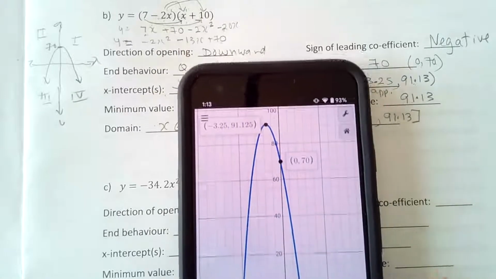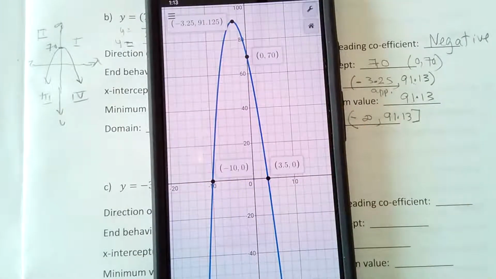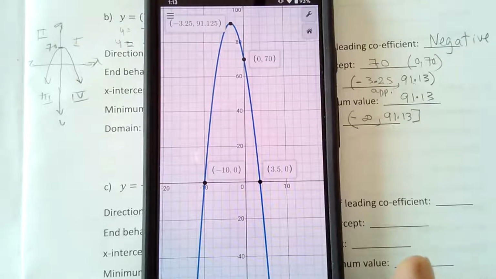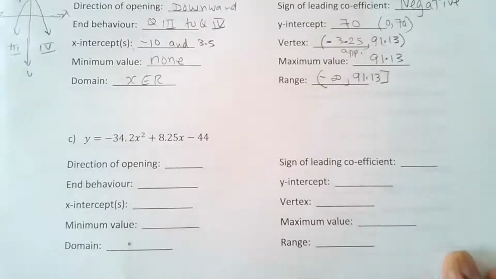We round it to 2 decimal places. Your x-intercepts are all there. So it's much quicker with Desmos, straightforward. There's not much moving around with the cursor. Okay, so that's your number 2. We'll do one more, and then you'll have your chance to try the assignment question.